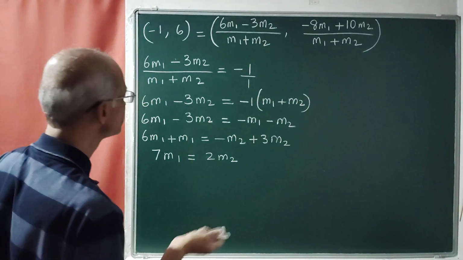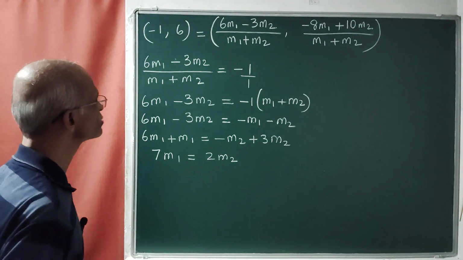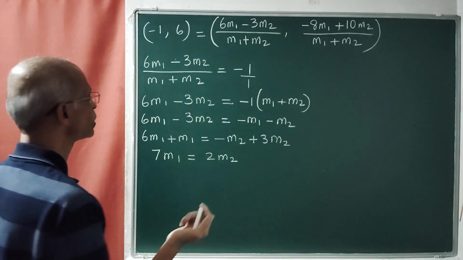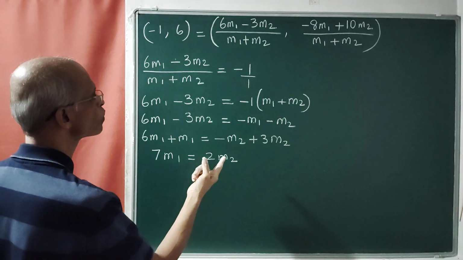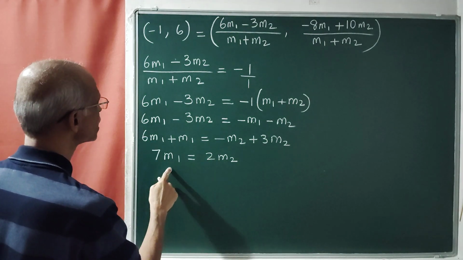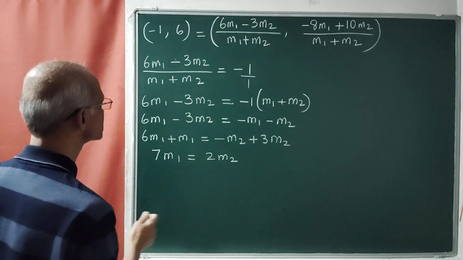You can see here now 7m1 is equal to 2m2. What I will do, I will bring m2 to the left side, 7 to the right side.